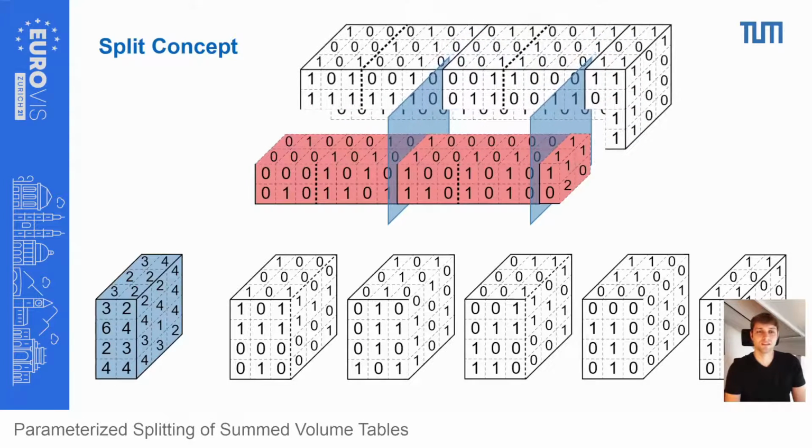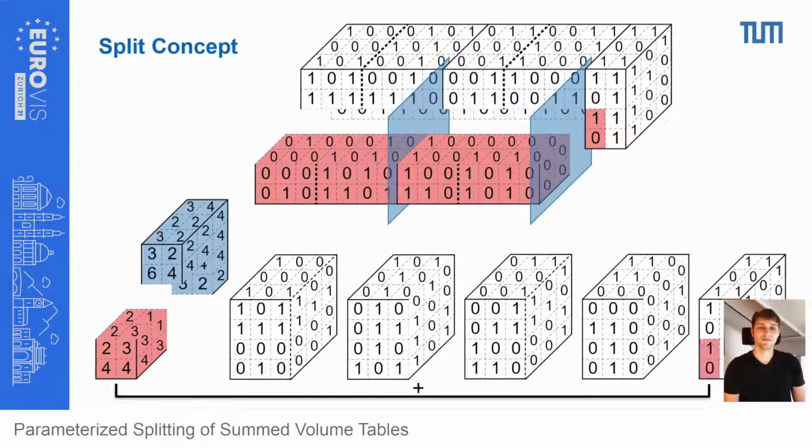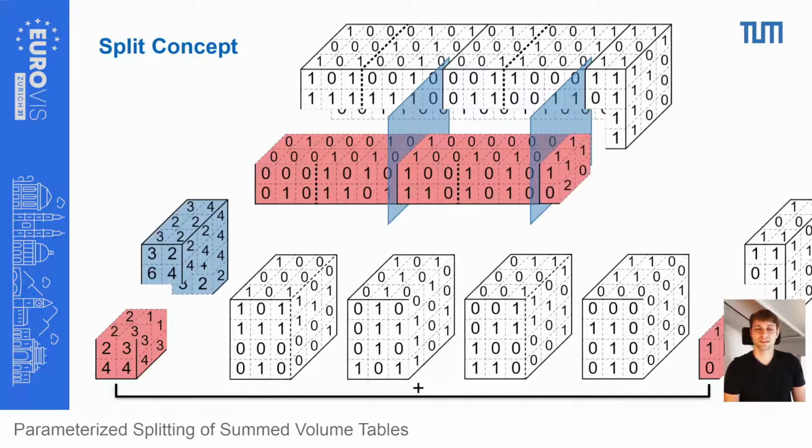In the second case, the box of interest now ends in the last block. Here, we sum up all values up to the last cut plane by taking a prefix sum of the aggregate array. The remaining values are collected by querying a prefix sum of the last block.